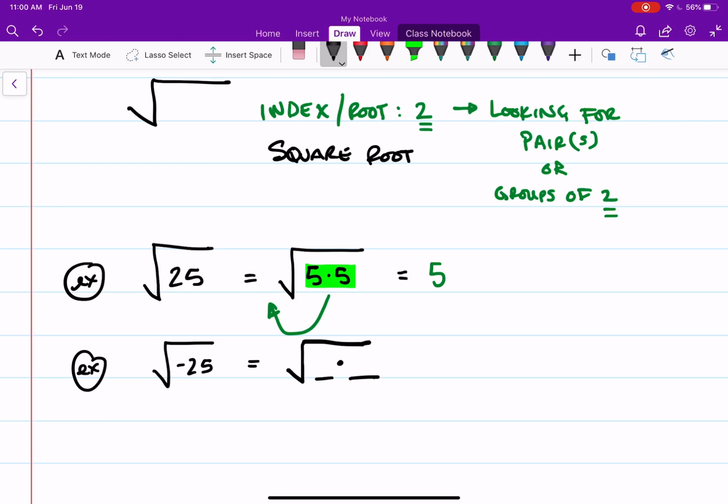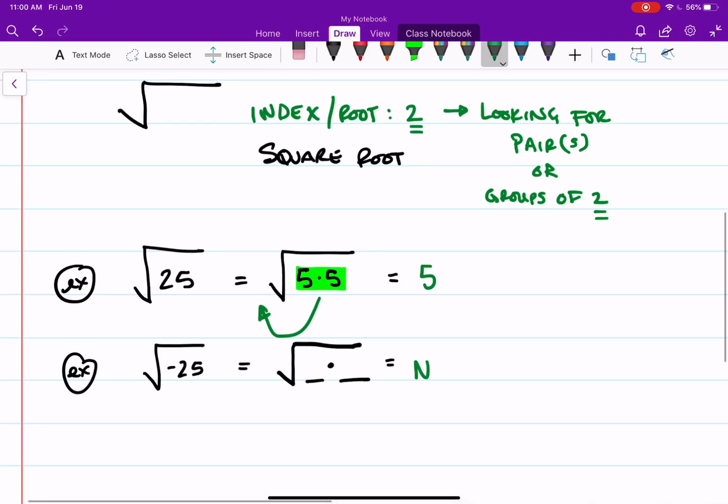I can do negative 5 and positive 5, but they're not the same, so that can't be a pair. Since I can't find those two numbers, this is going to be not a real number.